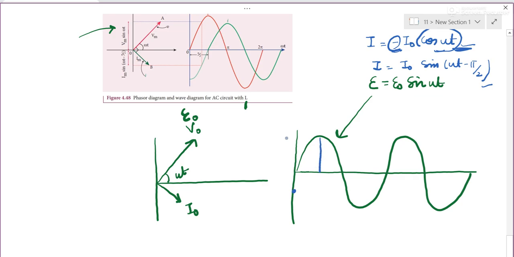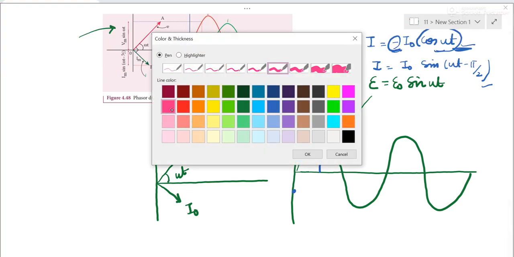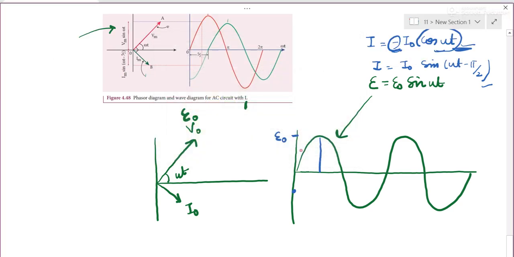The voltage peak value is a little higher than that of current, so the current curve will be smaller. Cos 0 is 1 and with the minus it is minus 1. Then I know it will go alternately: the next value is 0, the next is positive 1, the next is 0, the next is negative 1.